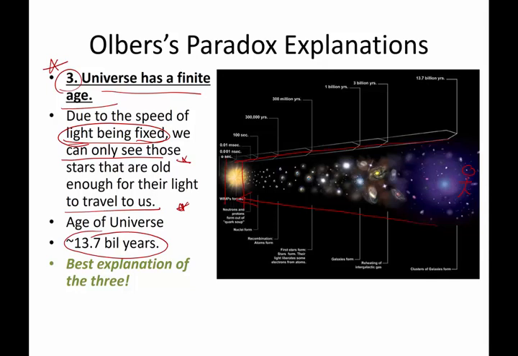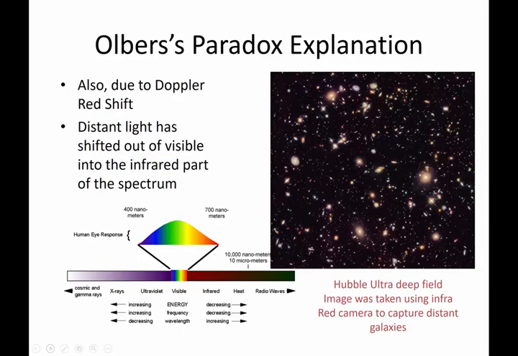Astronomers are that good, but we detect nothing beyond there. And so we are pretty sure the universe is about 13.7 billion years old. Because of that, that is the best explanation of the three as to why there are dark spots between the stars. And this is a huge clue as to the age of the universe.